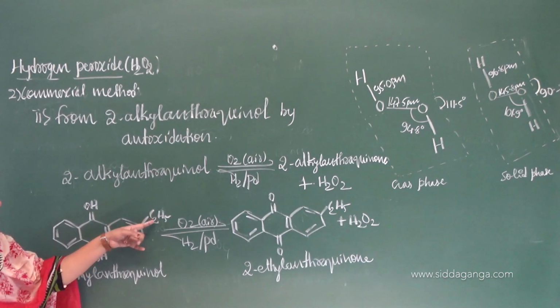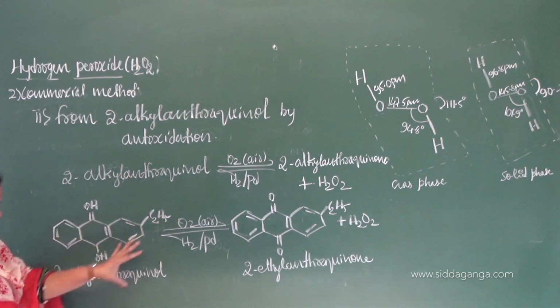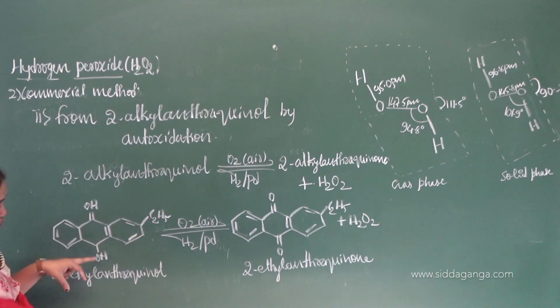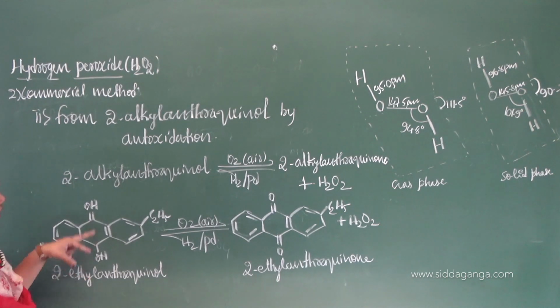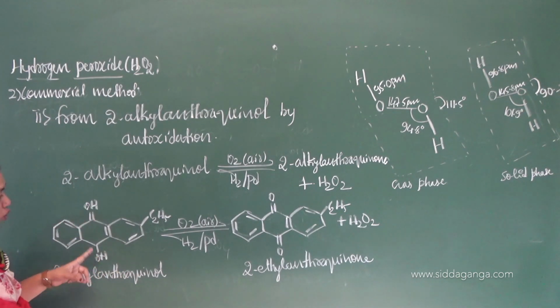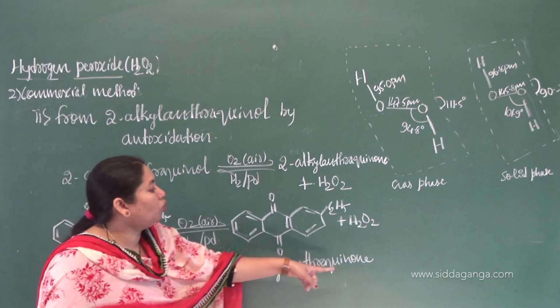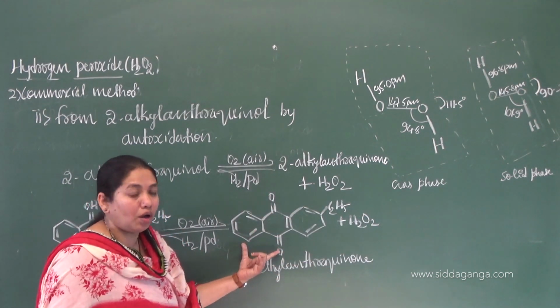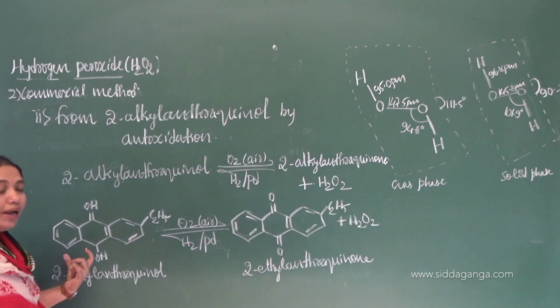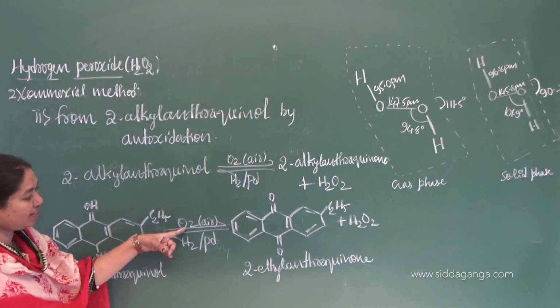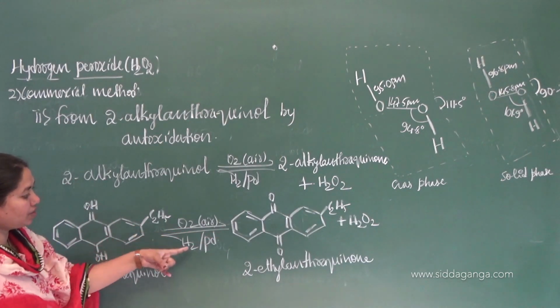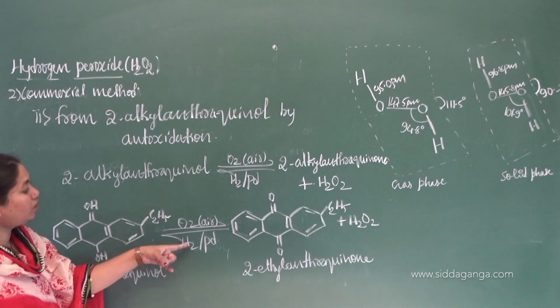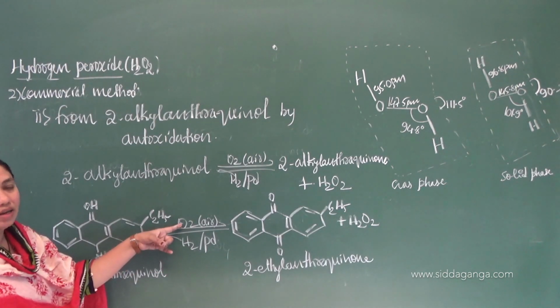In case butyl means, butane is C4H10, butyl means C4H9 group. There is no change in the ring. The only change is at this position, right? Quinol, the alcoholic group, is converted into quinone, that is nothing but the ketone. So it is nothing but the oxidized product of this one, right? The forward reaction is oxidation and the backward reaction is reduction, addition of hydrogen, here addition of oxygen, right?